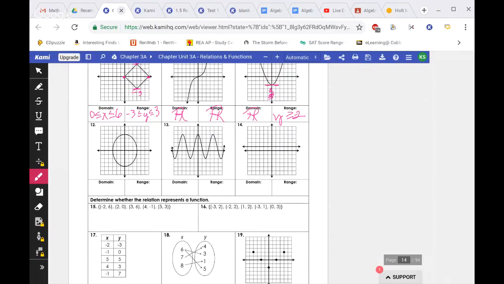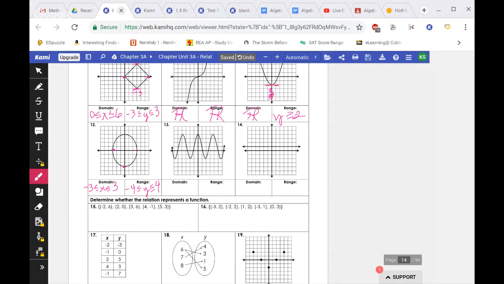Number 12, we have some stopping points for our domain. It's going to be -3 is less than or equal to x, which is less than or equal to 3. And then for our range, it's going to be -4 is less than or equal to y is less than or equal to 4.